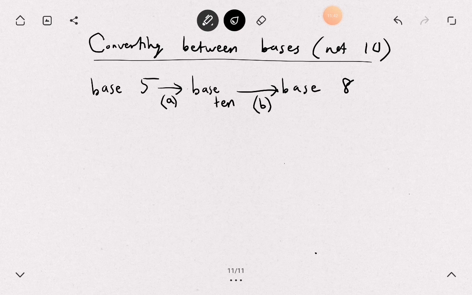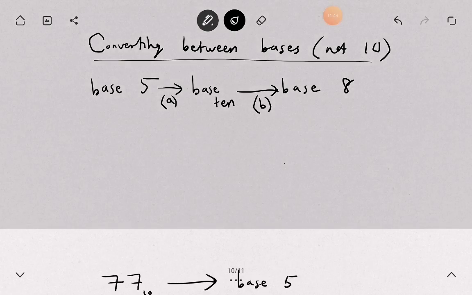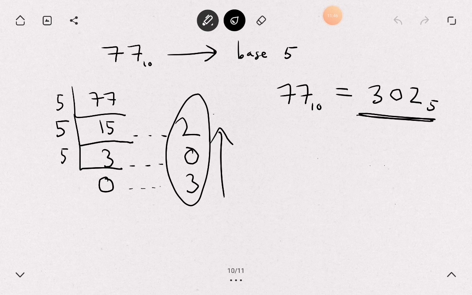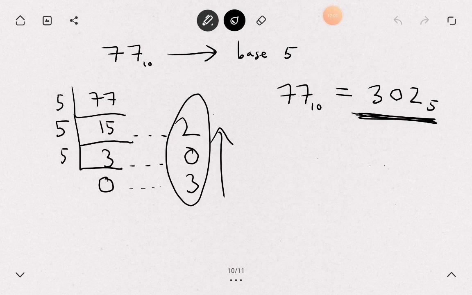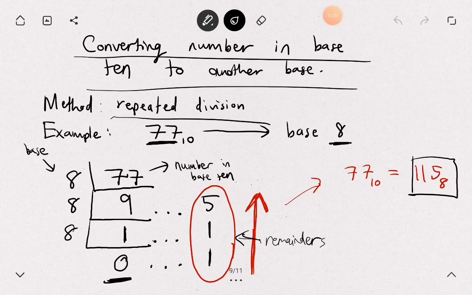So let's take this number 302 and prove that our answer is right. Just to note, in base 8 our answer was 115. So from 302 in base 5, we need to get 115 in base 8.